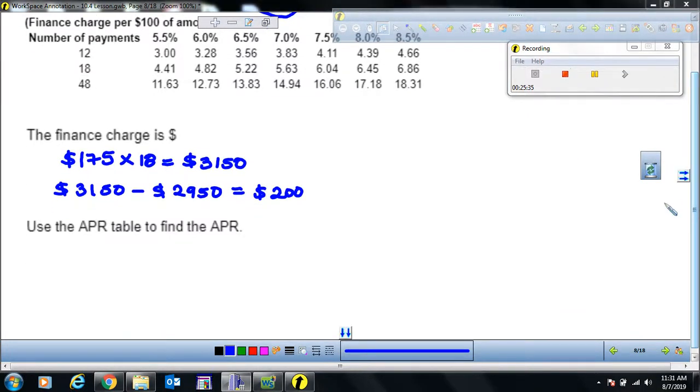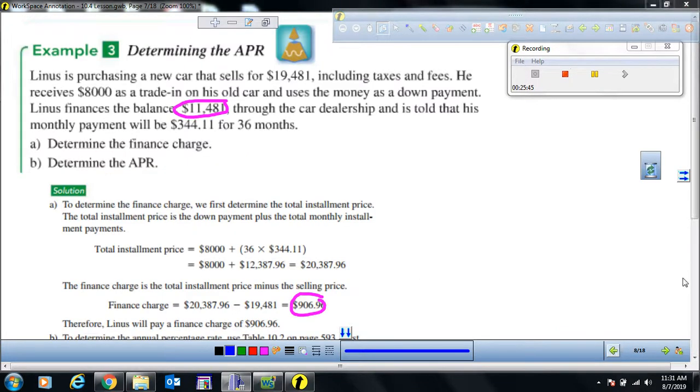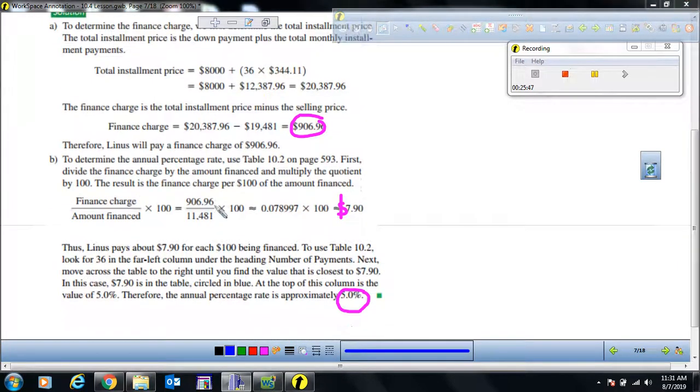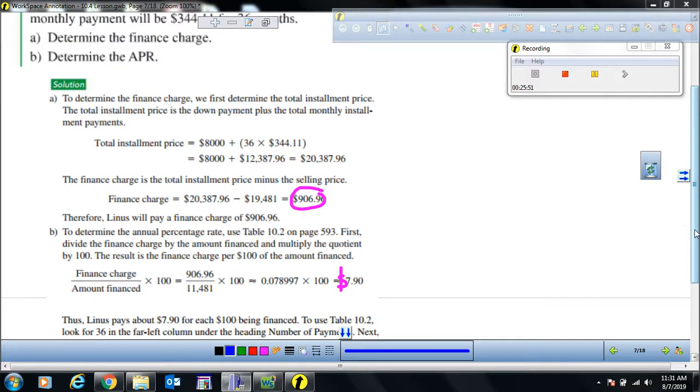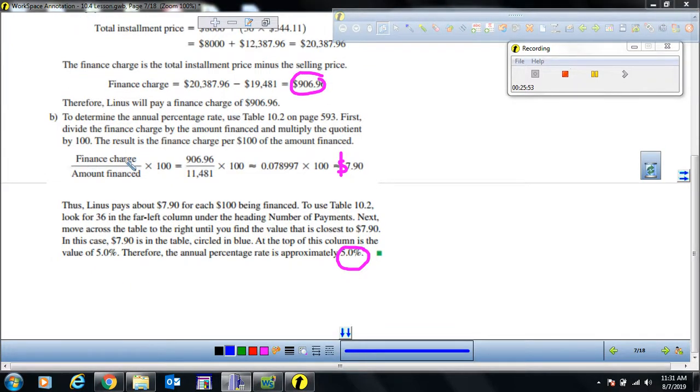Okay, so use the APR table to find the APR. Answering this is basically the same thing as part B on the previous problem where they were asking for the APR. You need to set up this formula: the finance charge over the amount financed times 100, and then use the table.